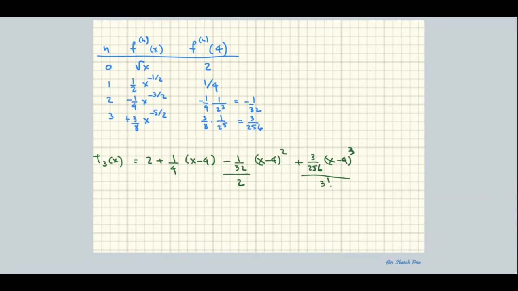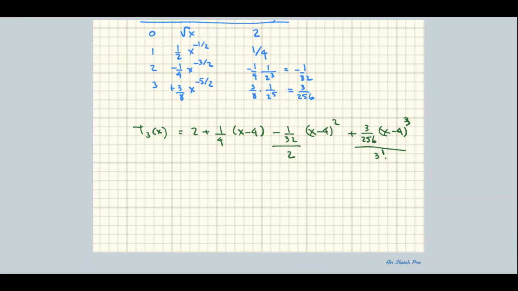Okay, so as I'm looking at this, let me clean it up a little bit. 2 plus 1/4 x minus 4, minus 1/64 x minus 4 squared.